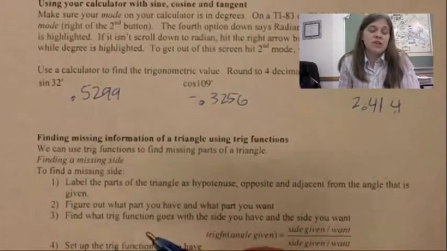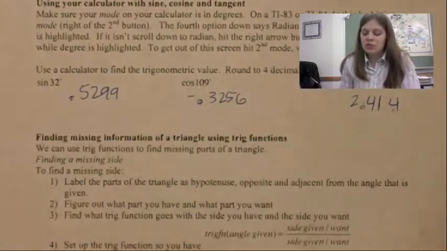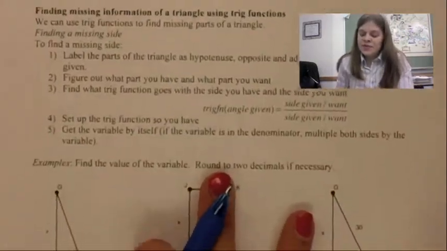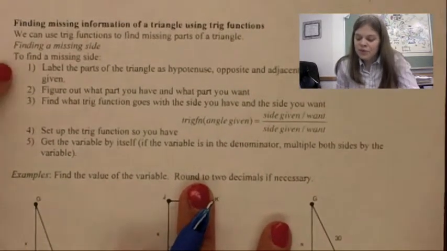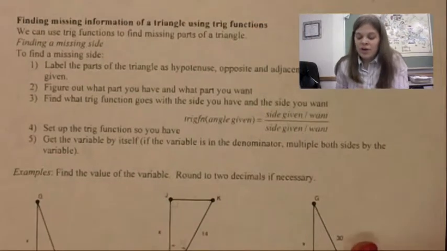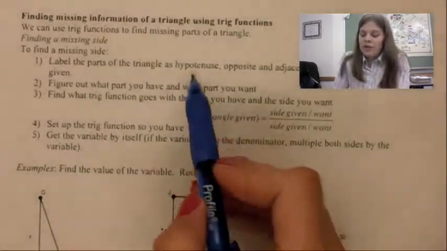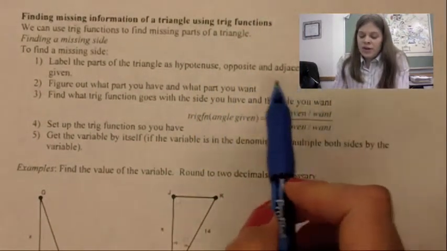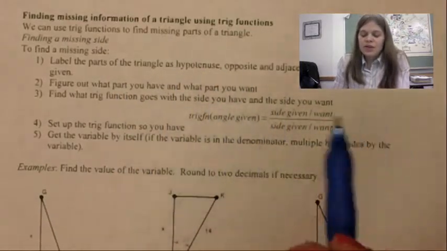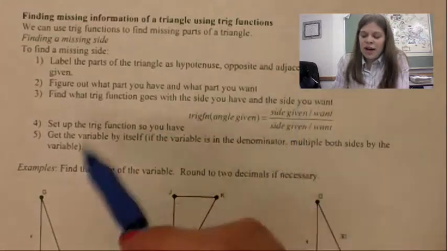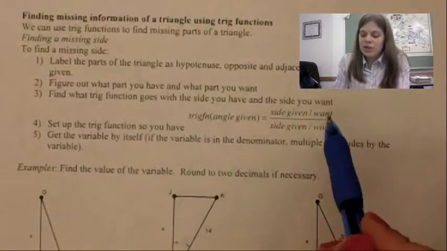Okay. Now we can put the information that we used yesterday, and using our calculator we can find a missing side of a triangle without having any other triangle to compare it to. So this is how we find our missing part of the triangle. So first we're going to label our hypotenuse like we did yesterday with hypotenuse, opposite, and adjacent. Then you want to figure out what you have and what you want. Then you're going to say to yourself, which trig function has those two pieces of information?